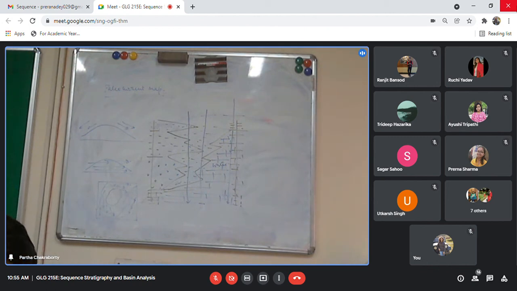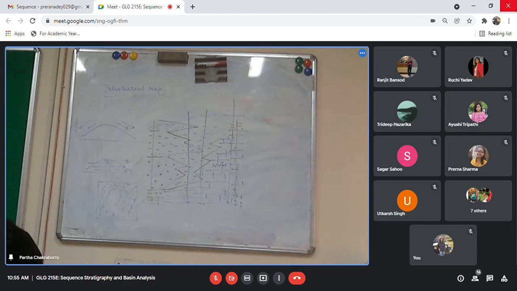All these concepts are inherent in basin analysis and hydrocarbon exploration programs. Sequence stratigraphy is the backbone of the oil industry. So there are a large number of uses; sequence stratigraphy is fundamental in understanding the depositional history.